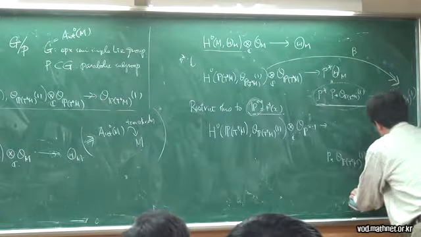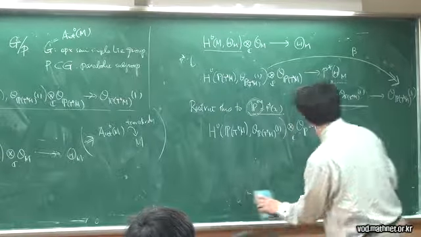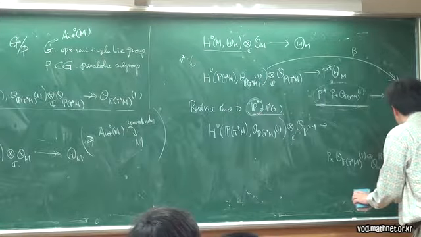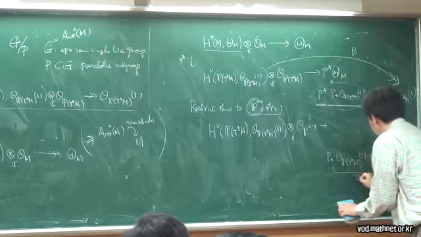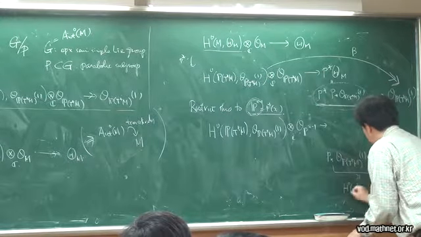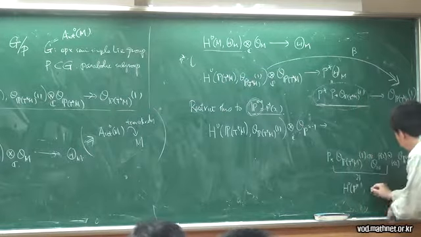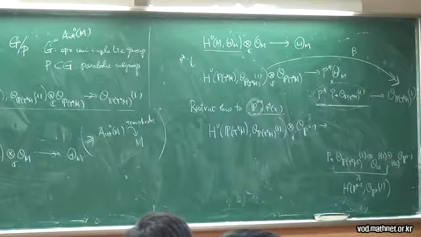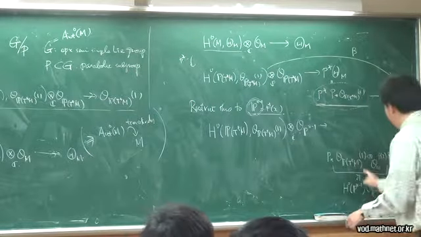Sorry, this is O_M kx times kx p OPN minus 1, and this part can be identified with H0 Pn minus 1 by the base change theorem, and OPN minus 1. Yes. So if you restrict to this, then you have this.